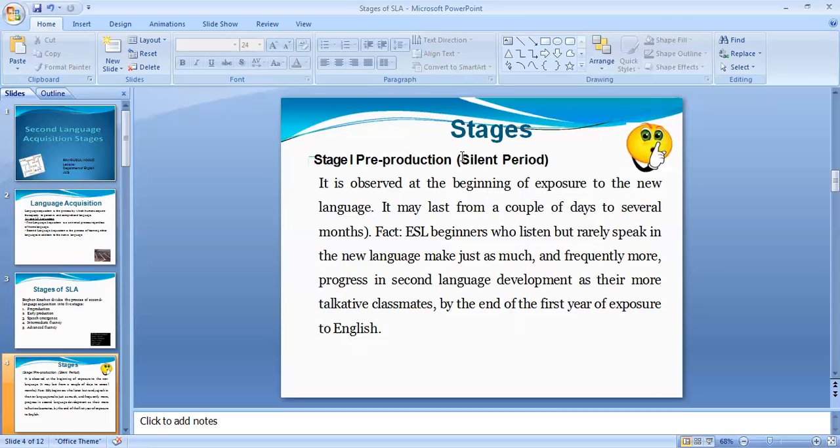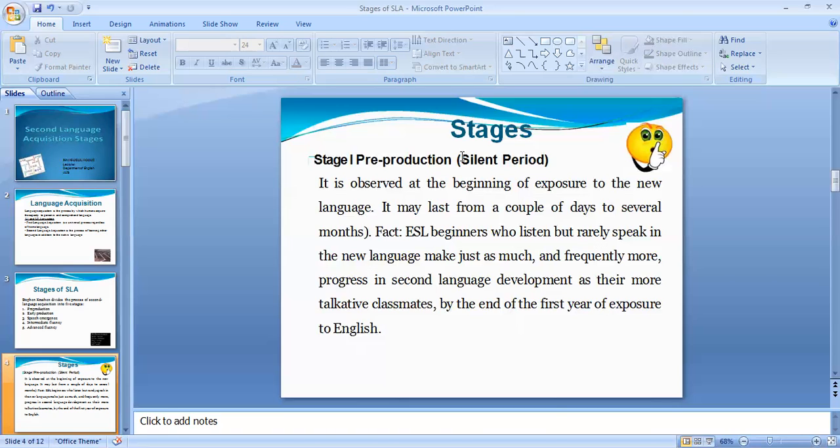In this period, rarely the learners can speak one word or two words, but in most cases we see that the learners of a second language respond by posture and gesture, body language.